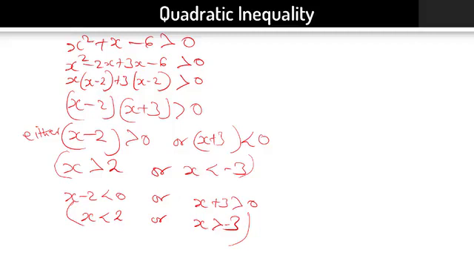We have 0.5 there also. The value of our x now becomes, we are taking this 2, so we have it as minus 3 less than x, where x is less than 2. So this is the solution for our inequality.